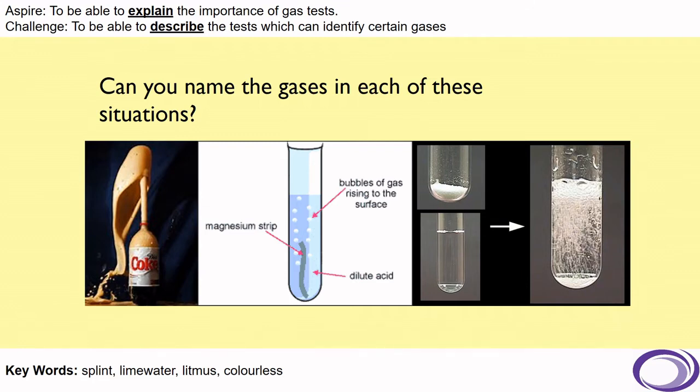All of these gases are colourless, and without me telling you the chemicals involved in that reaction, for example in the middle image, magnesium and acid would let us know that that gas is hydrogen, we would have no way of knowing without testing that gas which exact gas it is that's being formed, which is kind of the point of today's lesson.